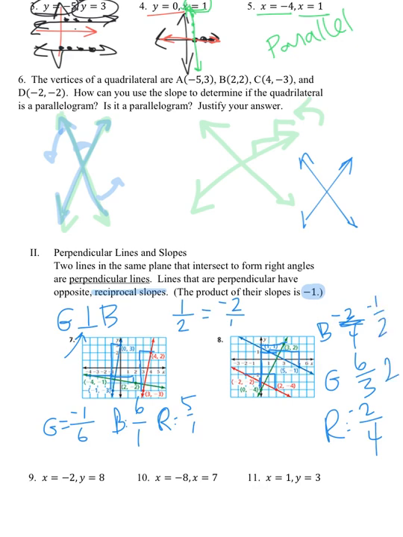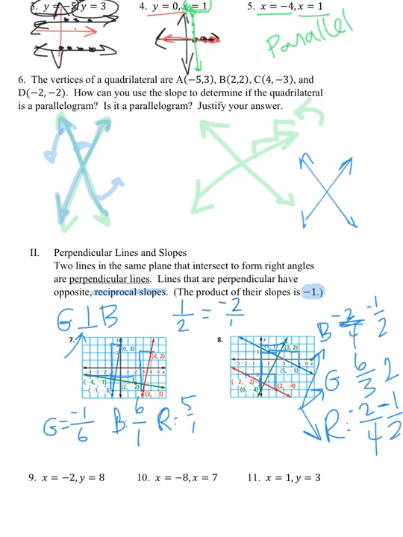We have a slope of 2, and we have a -1/2 again. So in this one, line green is perpendicular to both blue and red. Blue and red are also parallel to one another because they have the same slope.